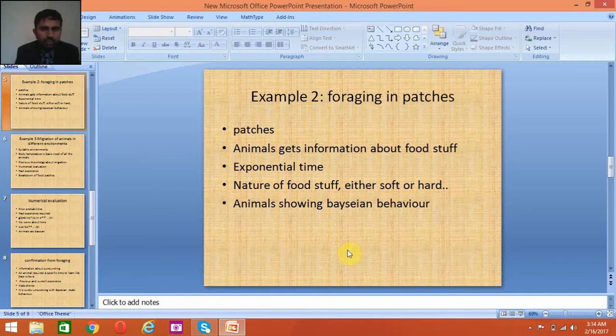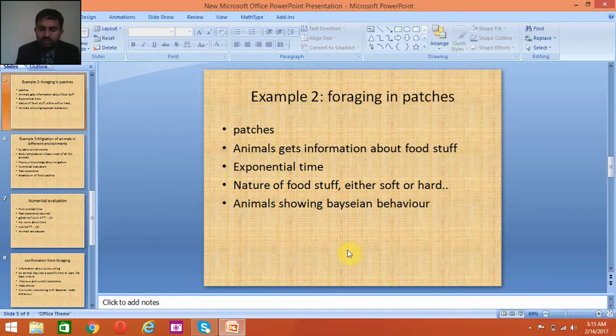And the time required here, we call the exponential time. If the foodstuff is soft, then it will break down very soon, or if it is hard, then it requires some time to break it. Animals showing such conditional based problems shows that animals show Bayesian behavior.